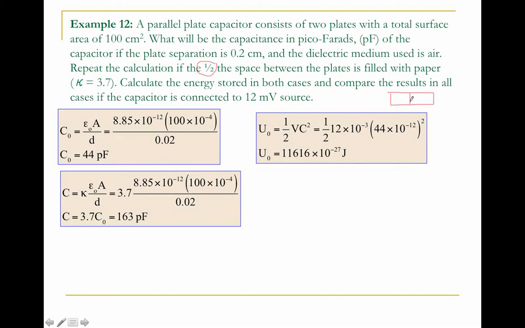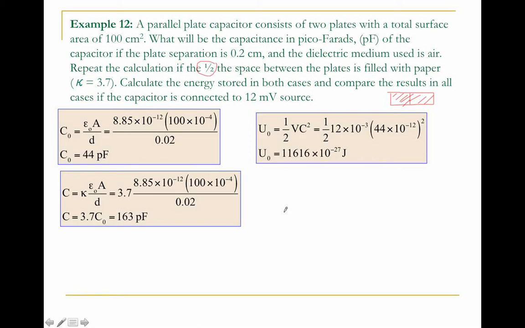In fact, it's only half. So what I've done here is assume the whole space is filled with the inserted dielectric material. But anyway, I'll show you how to do it when only half of it is filled with the dielectric material.